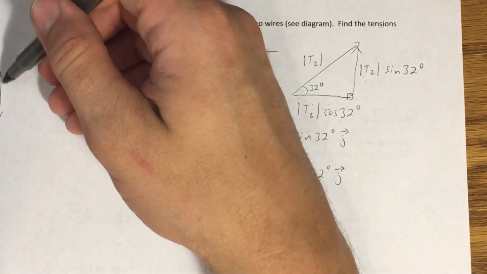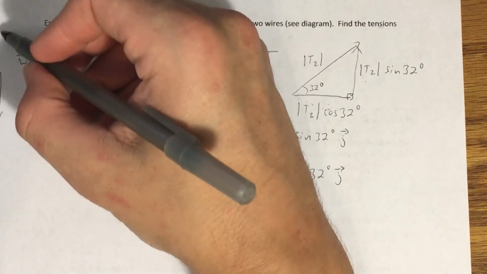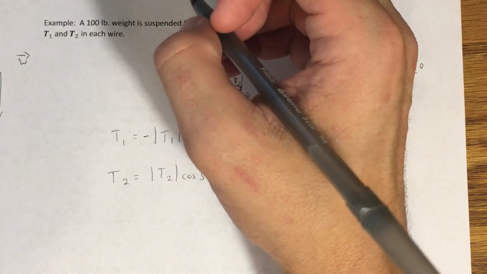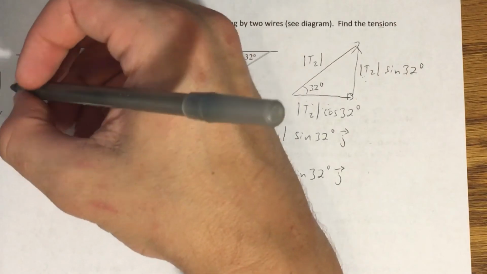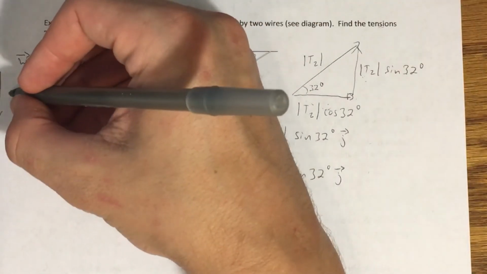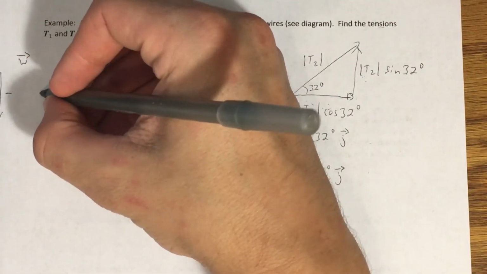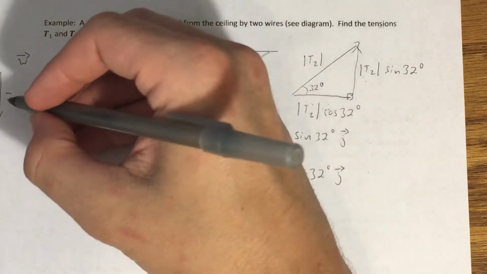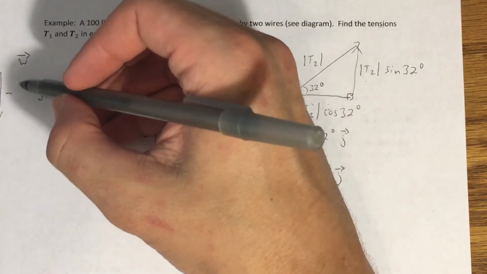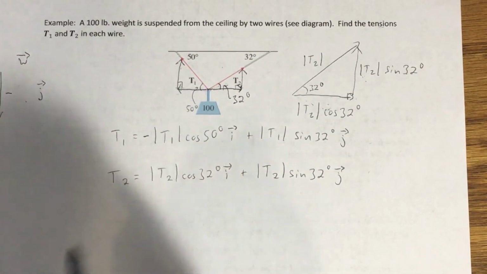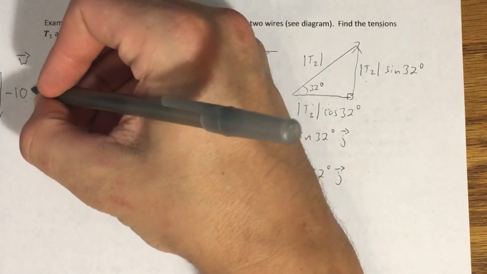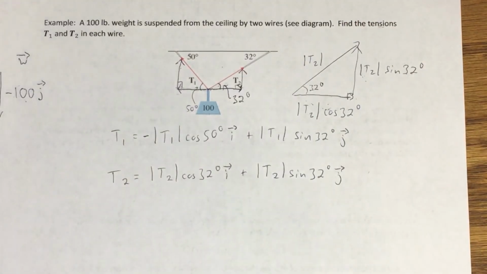And the vector that points down is opposite the direction of the j vector. So that means I could get my force W by multiplying a negative scalar times j. Negative because we're pointing down instead of up. What should the scalar be? Well, the scalar should represent the magnitude of the force, which we know is 100 pounds. And pounds, weight, is a force. So negative 100j gives me that.